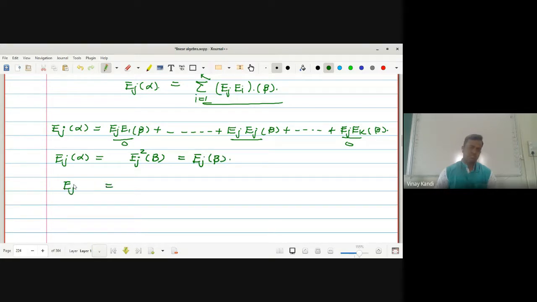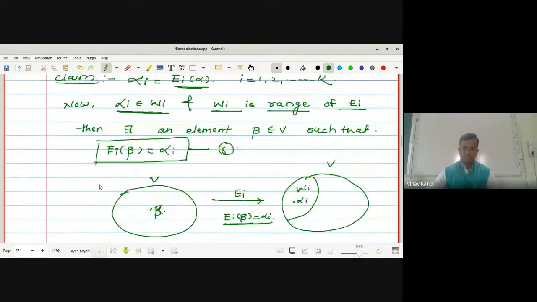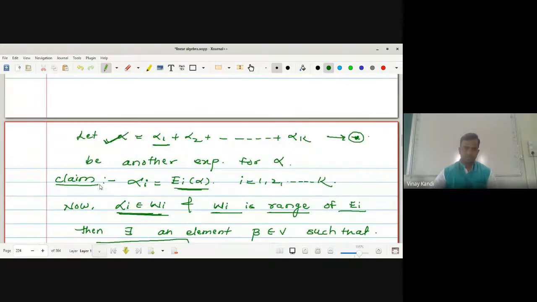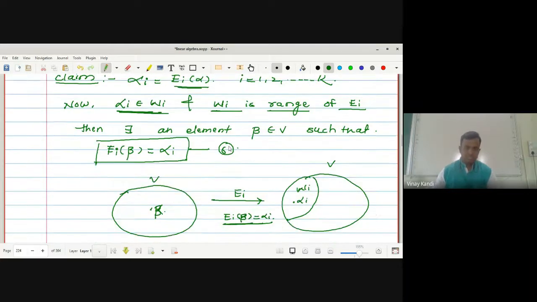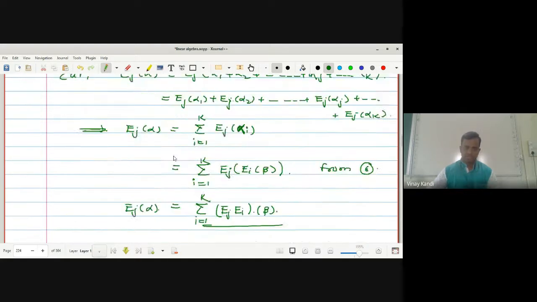Suppose this is E j of alpha. From star. Look at from star. Wait a minute. Look at here. Okay, from 6, what will E j of beta be? If E I of beta is equal to alpha, then what will E j of beta be? It will be alpha j. Okay?